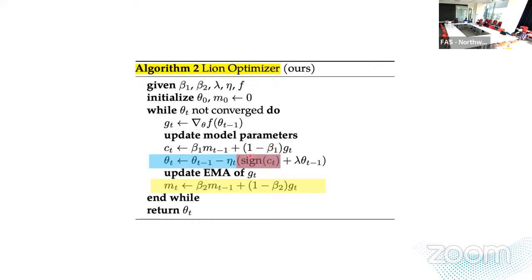However, before multiplying it with the learning rate, we send it to the sign function, which essentially flips it to +1 or -1. This seems like a very noisy process of clipping. Let's say we had a c_t value of 0.8, we just clip it to 1. So that seems like a very noisy process.